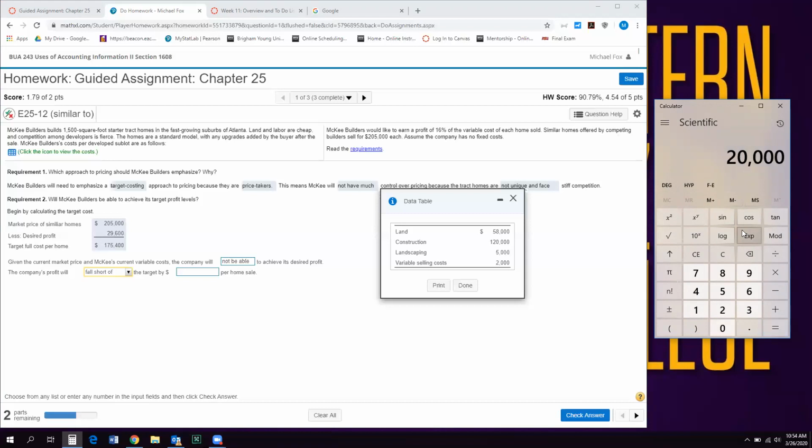So they can make $20,000, but the target profit is $29,600. So we're going to say that our profit will fall short by $9,600.